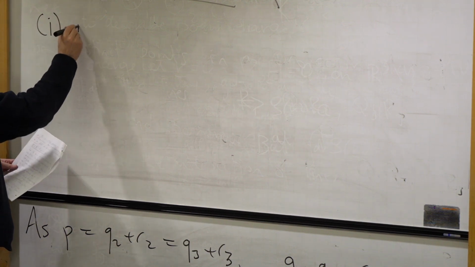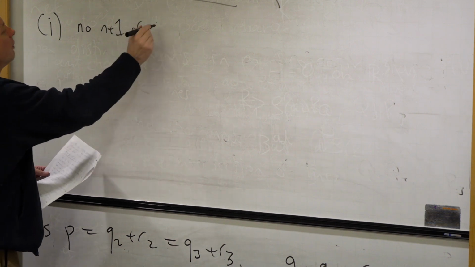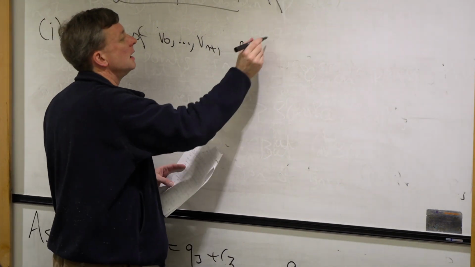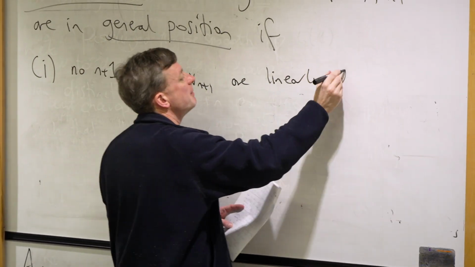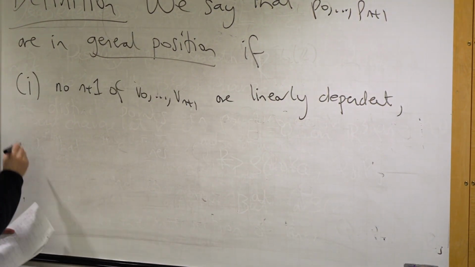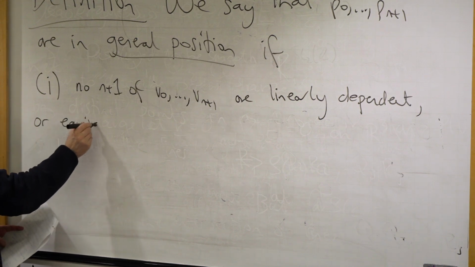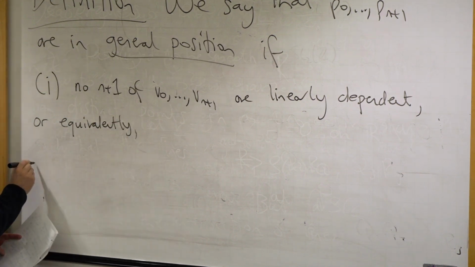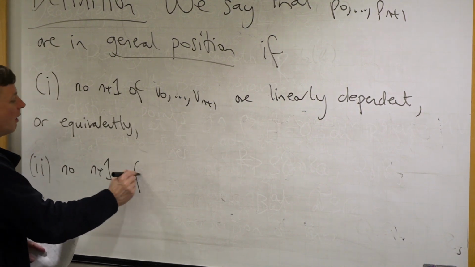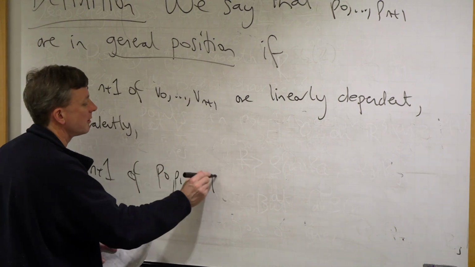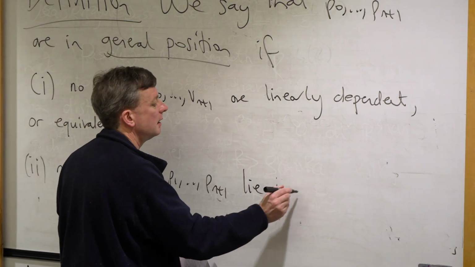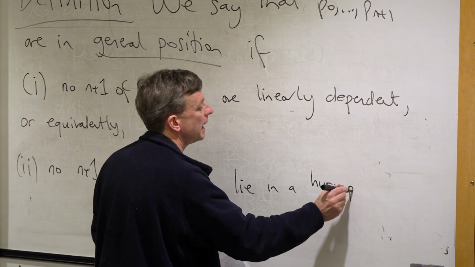Firstly, no n plus 1 of the vectors v0 up to v n plus 1 are linearly dependent, or equivalently, no n plus 1 of p0, p1 up to p n plus 1 lie in a hyperplane.